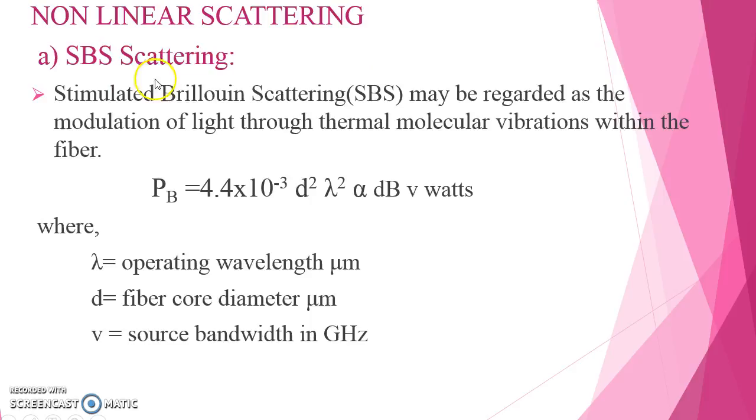Nonlinear scattering, SBS scattering. Stimulated Brillouin scattering may be regarded as a modulation of light through thermal molecular vibrations within the fiber. PB is equal to 4.4 into 10 power minus 3 d square lambda square alpha dB nu watts, where lambda is the operating wavelength in micrometer, d is the fiber core diameter in micrometer, and nu is the source bandwidth in gigahertz.